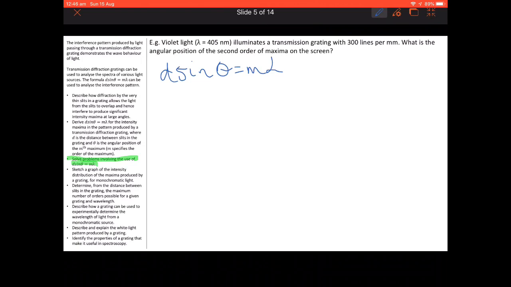And we can write out what we already know. We know that the wavelength is equal to 405 nanometres, which is 405 by 10 to the negative 9 metres.